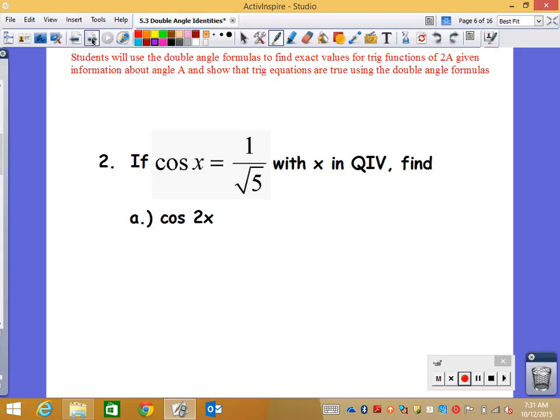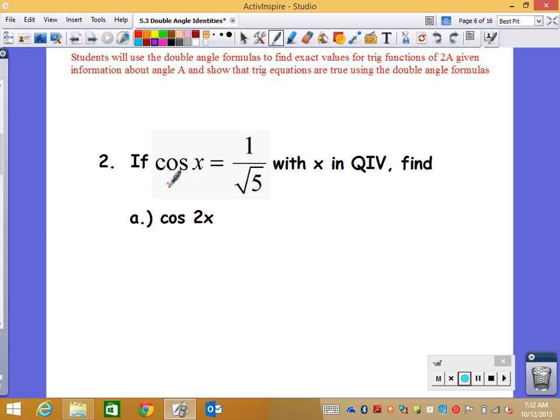So what if the cosine of x is 1 over root 5 with x in quadrant 4? Again, let's rewrite this cosine 2x now. Remember, I can choose from 3 of them, and I'm given cosine of x. So let's try to utilize a cosine double angle identity that only has to deal with cosine x.